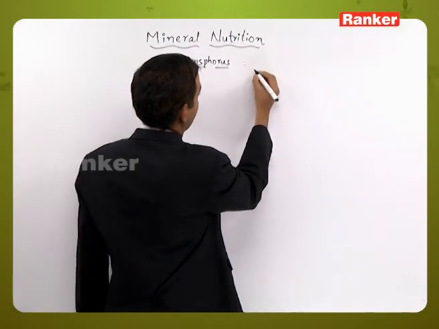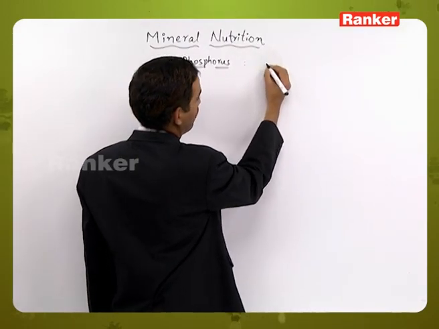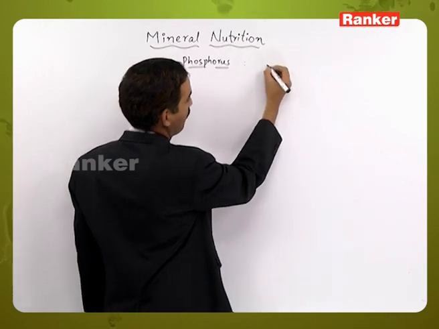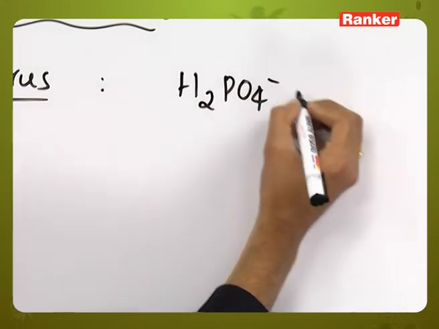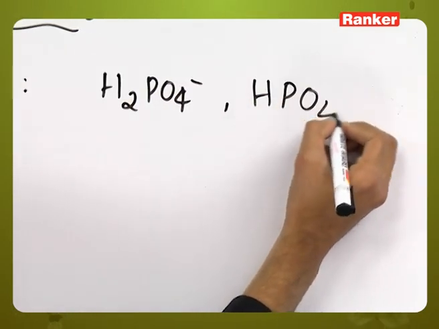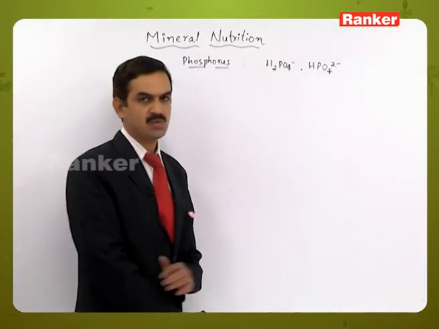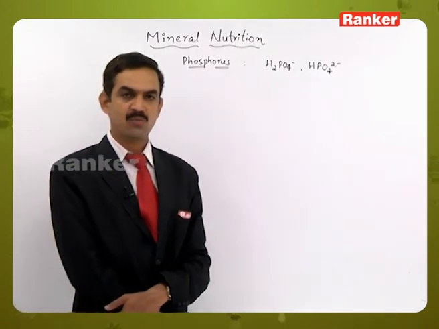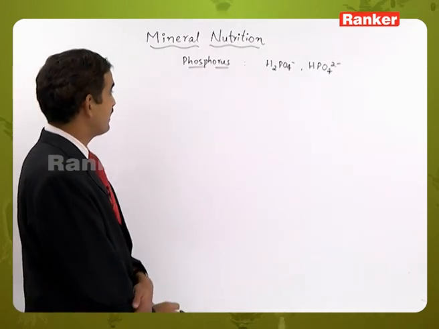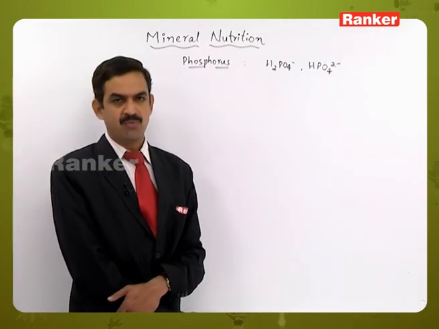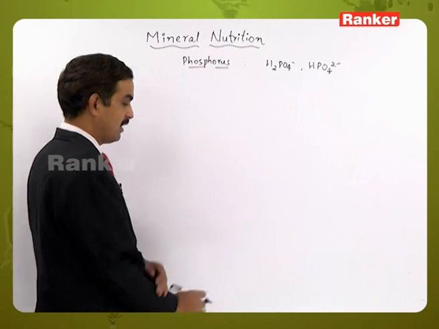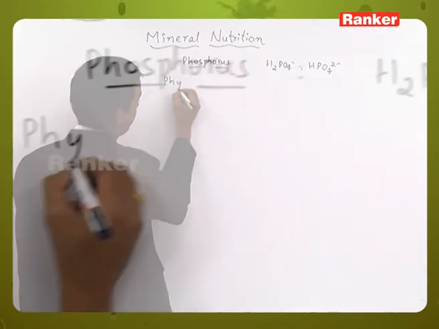Phosphorus is absorbed by the plants, or available to the plants, in the form of H2PO4 minus and HPO4 minus 2, that is the primary phosphate ion and the secondary phosphate ion. This phosphorus is required by the plant for various metabolic activities, so let us see the physiological role.